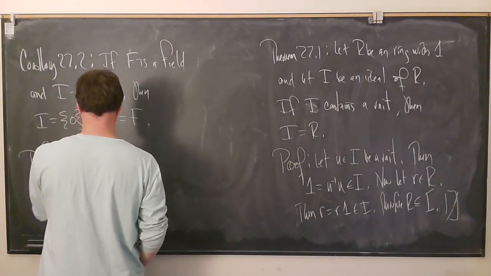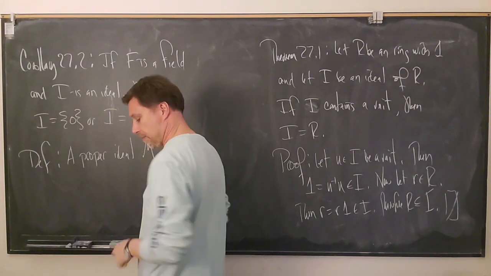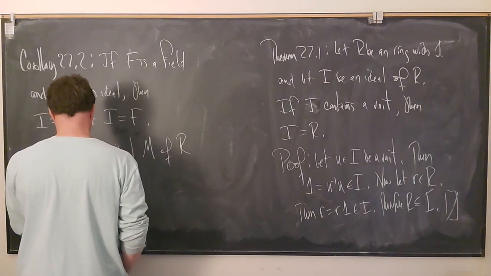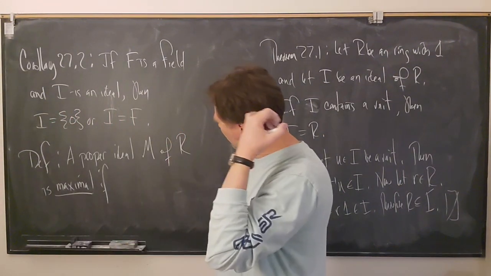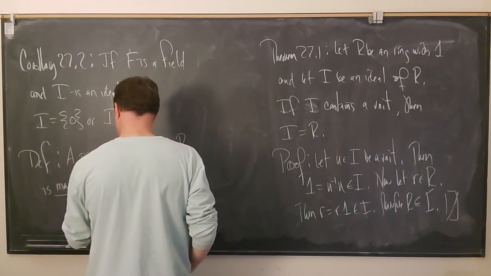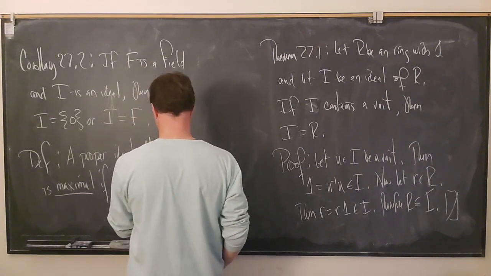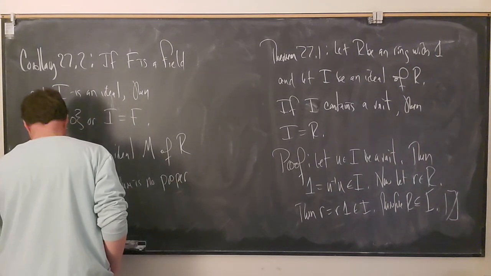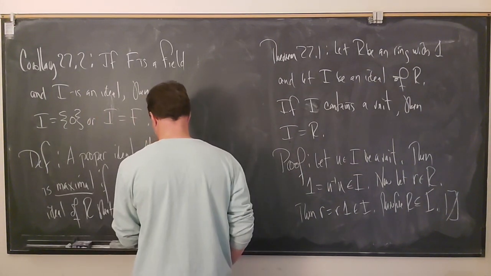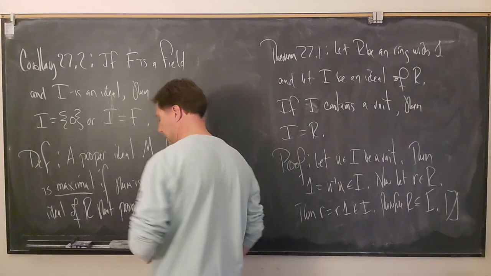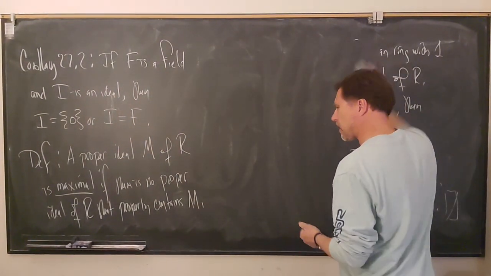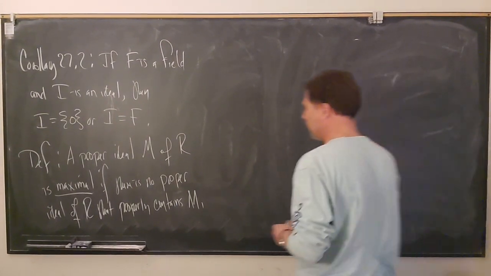A proper ideal, let's call it capital M, of R is maximal if, let's see, what we want it to be is somehow the biggest ideal of R, or at least a biggest ideal of R. So maximal if there is no proper ideal of R that properly contains M. I mean, we've got the word proper quite a few times in this definition. So let's rephrase this.